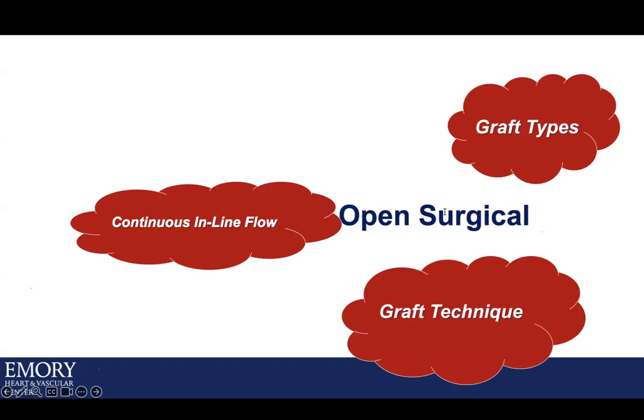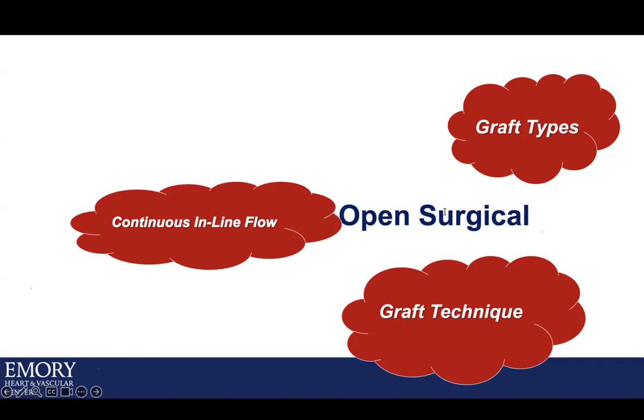Good quality great saphenous vein is the optimal conduit for infrainguinal bypass surgery. Alternatively, you can use small saphenous vein or arm veins. They are acceptable, but there is higher risk of reintervention, and the durability is inferior to great saphenous vein.